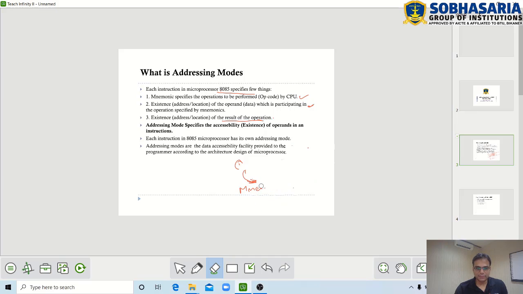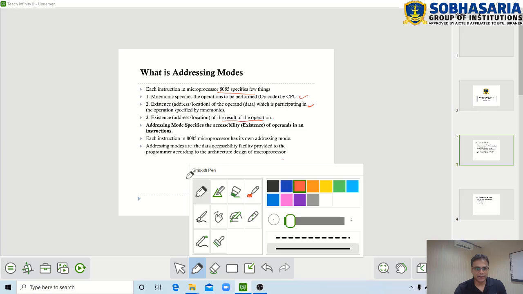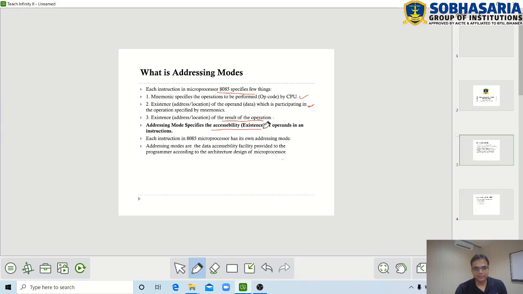So what does the addressing mode do? As it is written here, addressing mode specifies the accessibility or the existence of the operand in a particular instruction. Meaning, if a CPU is going to execute a particular instruction, obviously it is going to perform an operation on data. So where does that data exist? That shows the accessibility, because the CPU needs to fetch the data wherever it exists and then perform the operation.